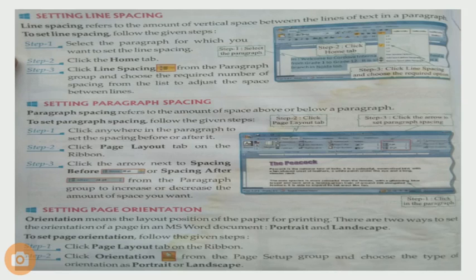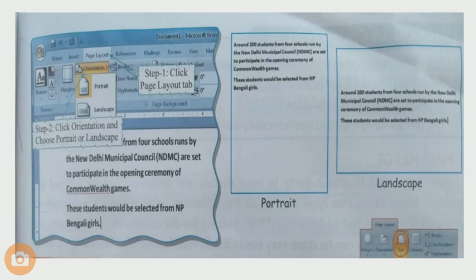Setting page orientation. Page orientation means the layout position of the paper for printing. There are two ways to set the orientation of a page in an MS Word document: portrait and landscape. So look at this diagram.